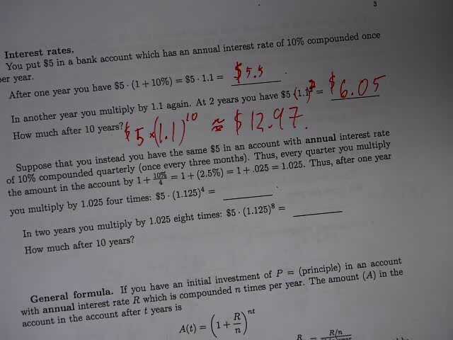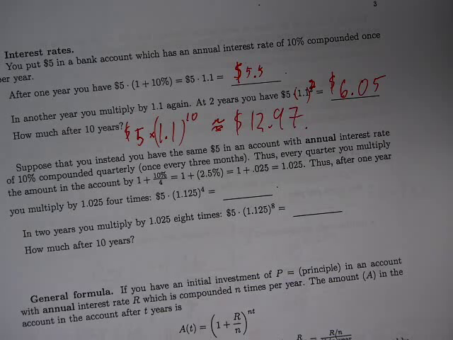And so let's just see what that means. Every 3 months, every quarter, you should multiply by 1 plus 10% over 4, also known as 1 plus 2.5%, also known as 1 plus 0.25, or just 1.025. So after that 1 year, you should multiply by 1.025 4 times.